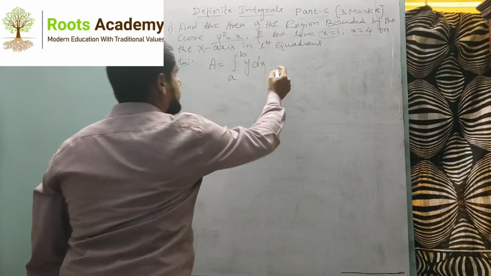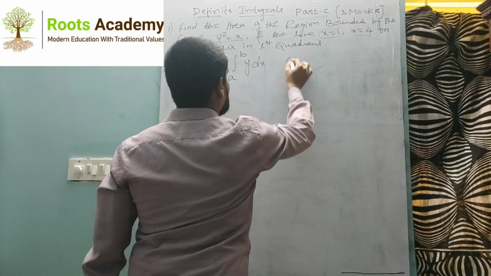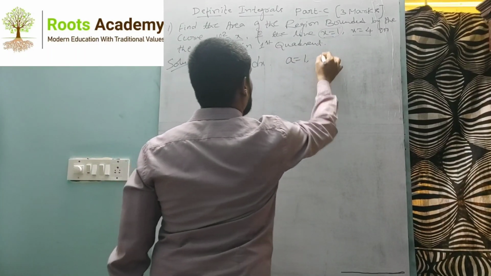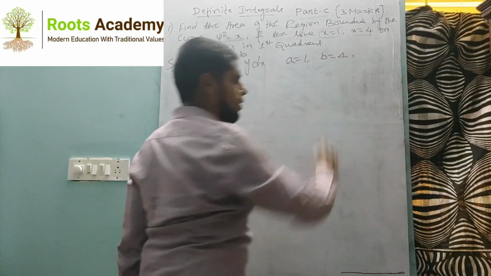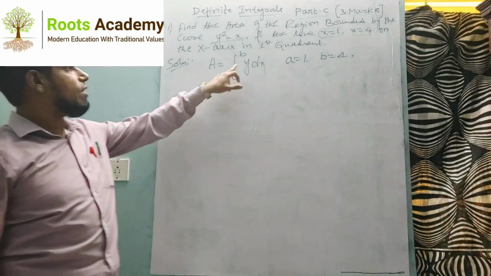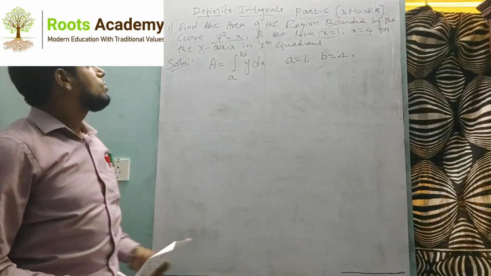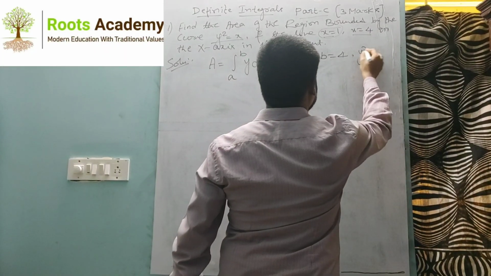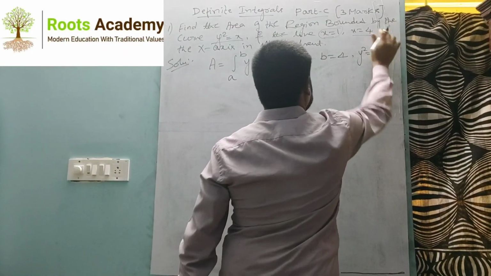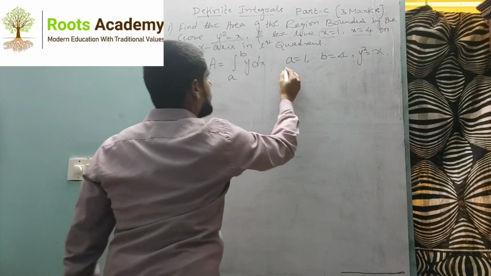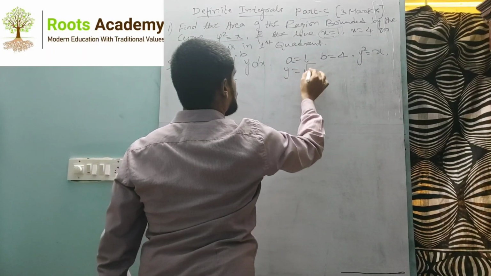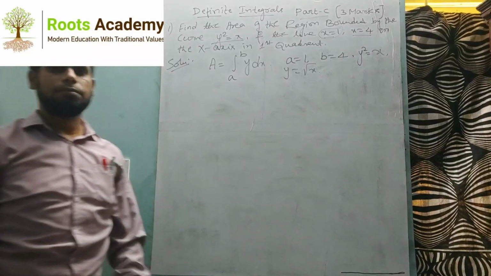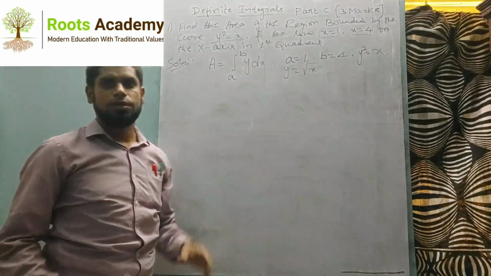So here a equals 1, b equals 4, and since we want y, if y square is equals to x, then y is equals to root x.